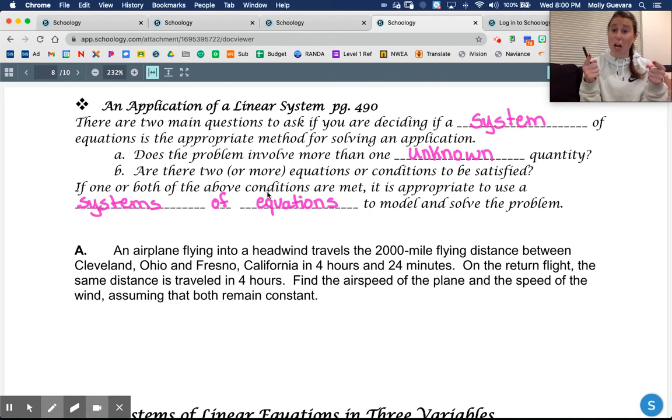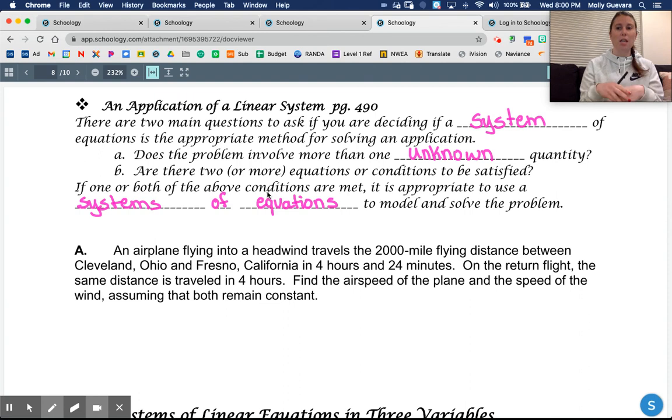That is two different unknowns. So that would be your clue to use systems of equations. The other part, B, is if there's two or more equations or conditions to be satisfied. If you're given a quantity of something, like the number of adults going to the movies and the number of children going to the movies total is 31 people.